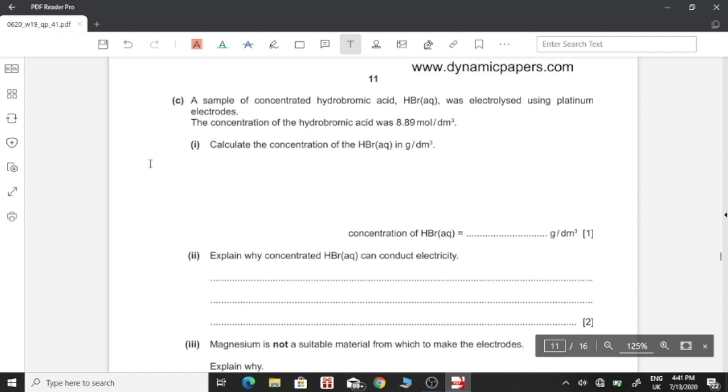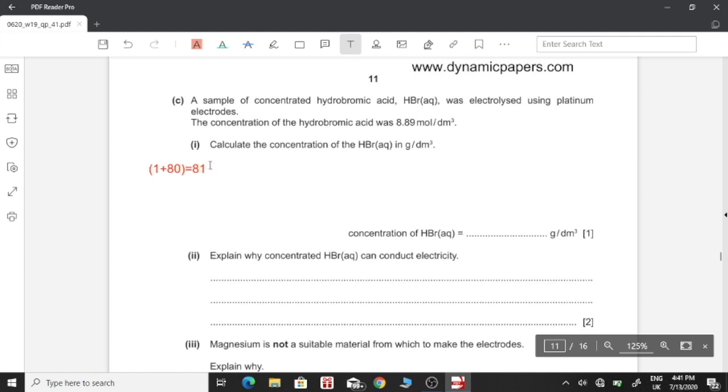Starting with the molar mass, we have the atomic mass of hydrogen as 1. Then we add the atomic mass of bromine, which is 80. So we get the molecular mass as 81.